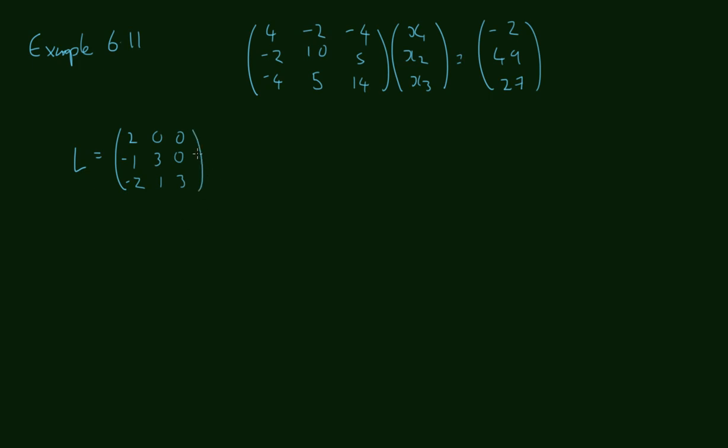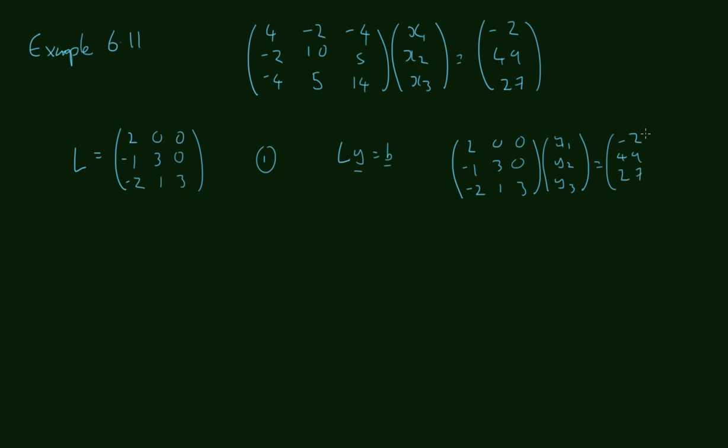Step 1 is solving LY equals b, so we have 2, 0, 0, minus 1, 3, 0, minus 2, 1, 3, times y1, y2, y3, equals the right hand side. I've laid this out the wrong way, but hopefully you can see.